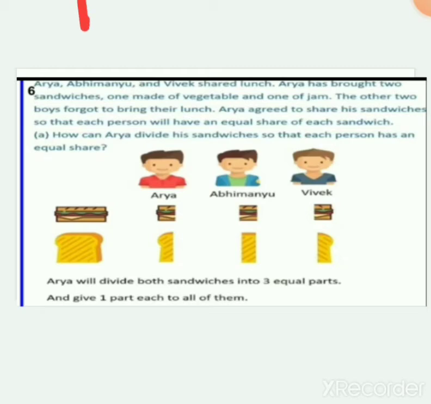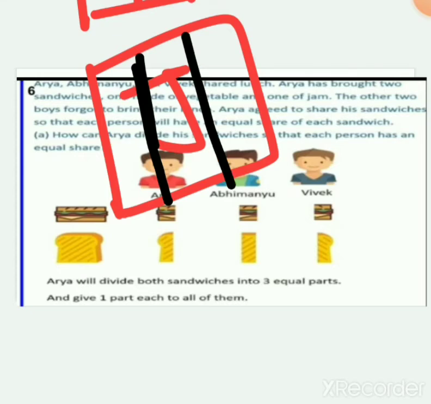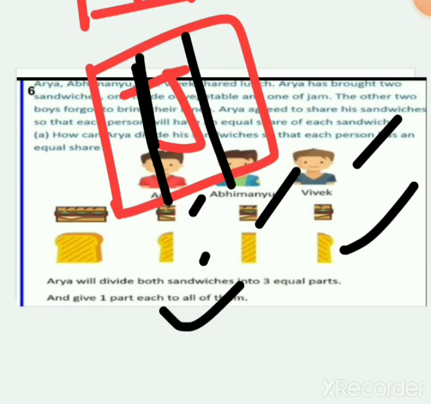See, she has brought a sandwich of vegetables and a sandwich of jam. She has to share in 3 equal parts. So this is the first, second, so it is 1, 2 and 3 parts. Same way she will divide the jam sandwich in 1, 2 and 3 equal parts, as it is shown in the picture.